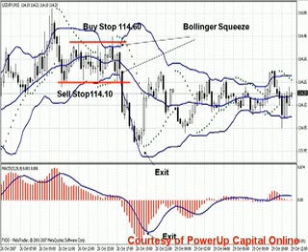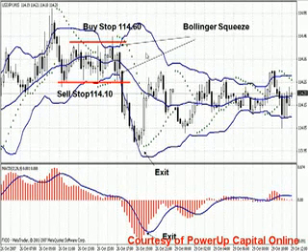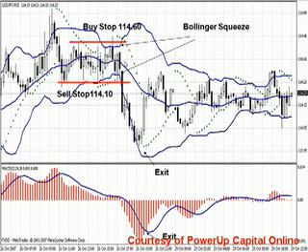When they get close to one another, it's called a Bollinger Squeeze. Now, when there's a Bollinger Squeeze, it essentially means the currency is going to explode. Now, it could explode either on the upside or on the downside. We are not sure which way. So that is why you place a buy stop and a sell stop order. Now in this case, it exploded on the downside.